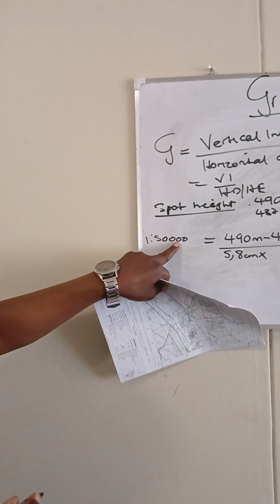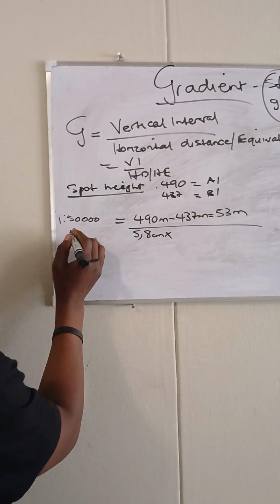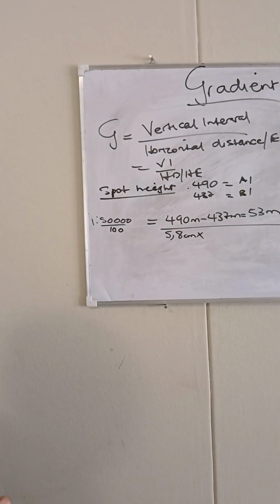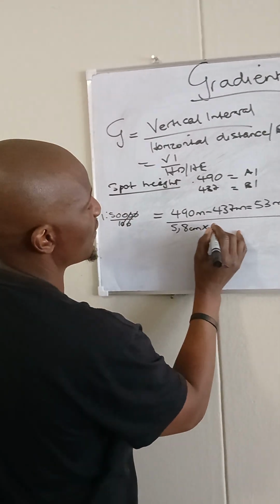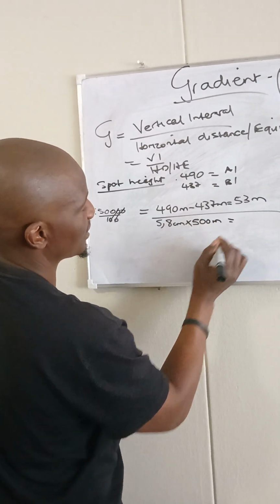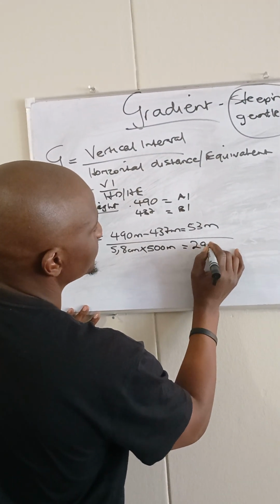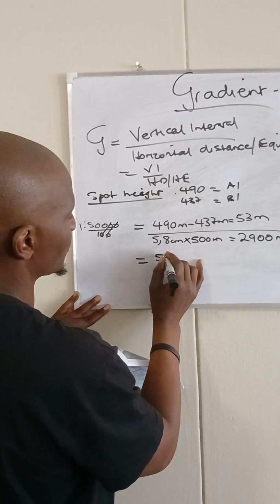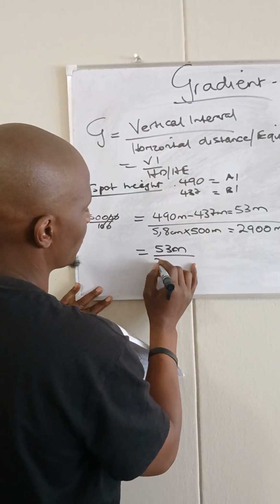This is in centimeters, so we have to change it into meters because that's how we calculate our gradient. So we divide 50,000 by 100 because there are 100 centimeters in a meter, and we have got 500. So our 5.8 we multiplied by 500 meters. What do we get? We get 2,900 meters.